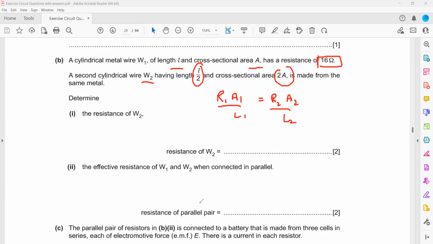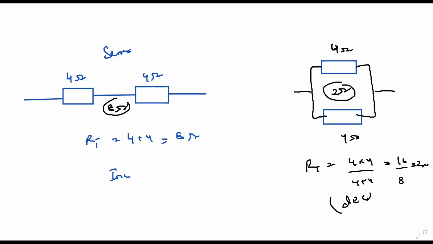This is the formula when we are using a wire made from the same material but with different length and cross-sectional area.